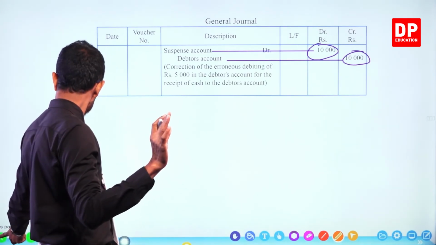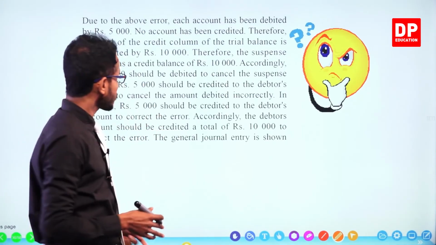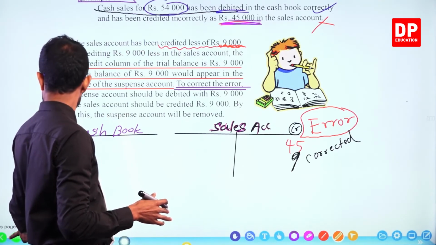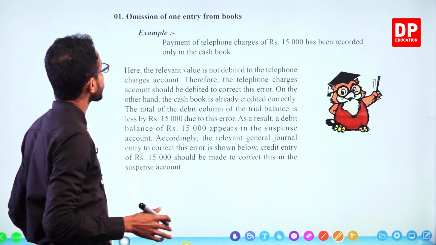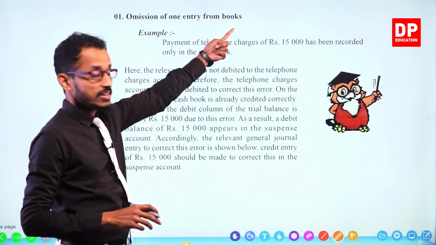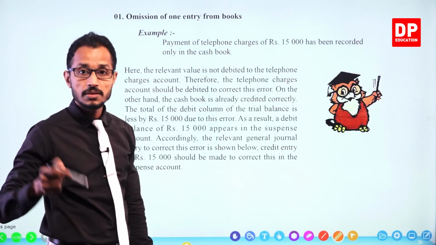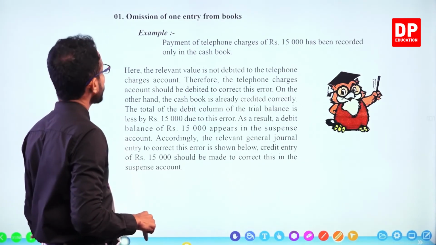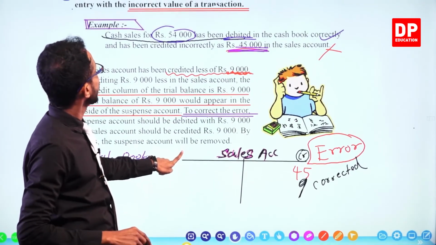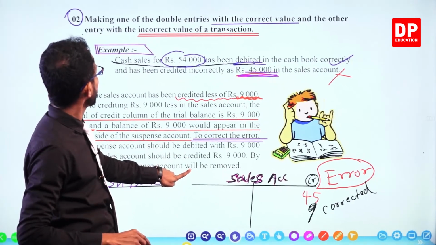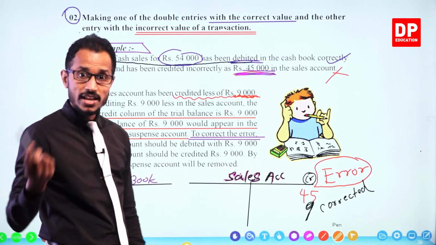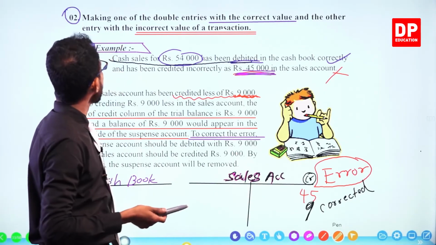Right, children, this is not the end of the chapter. We have 2 more errors. First error, we took omission of one entry. That was done in the previous video. The second error we did today: making one of the double entries with the correct value and the other with the wrong value.